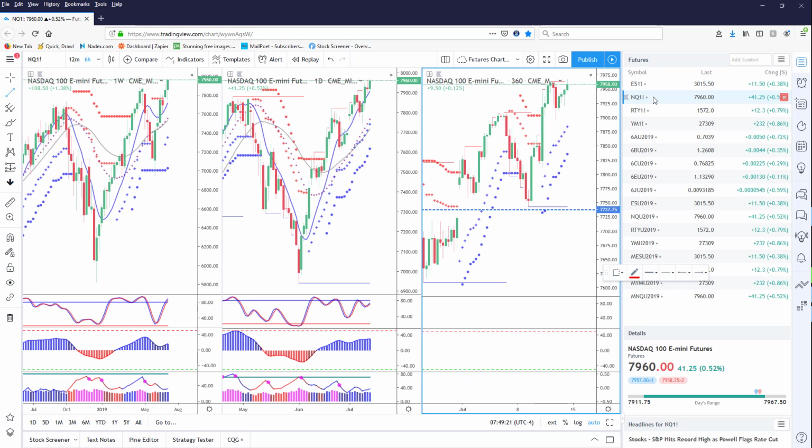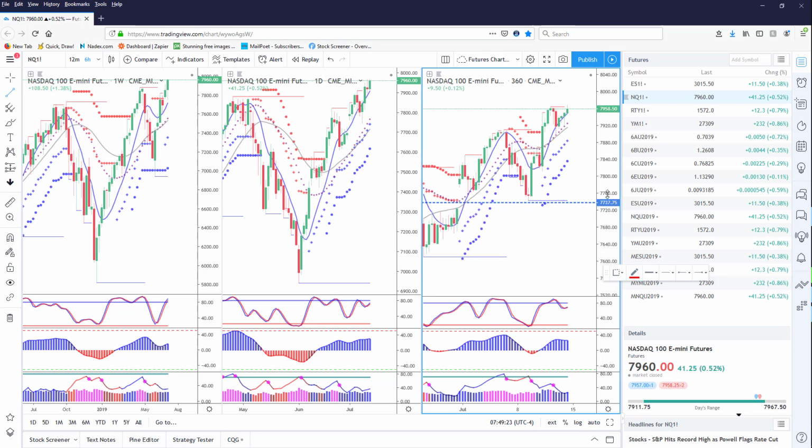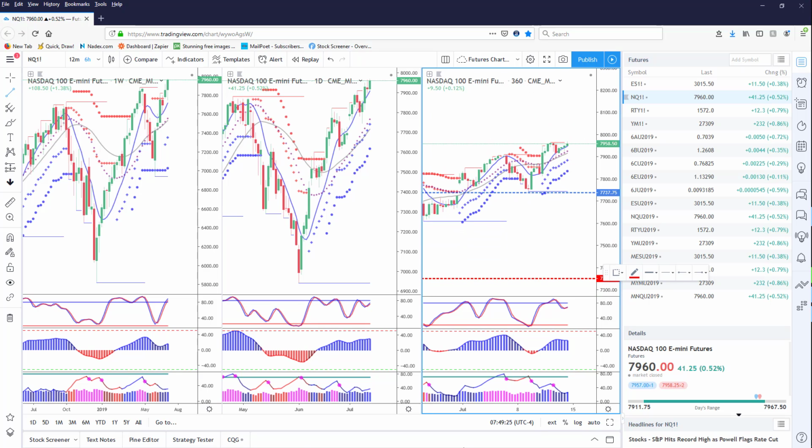On the NASDAQ, you pretty much have the same setup. Okay, over here you are still overextended. And notice that the RSI is not getting stronger, nor is the ADX. So that's telling me that the trend is potentially slowing down. But again, the trend is to the upside.